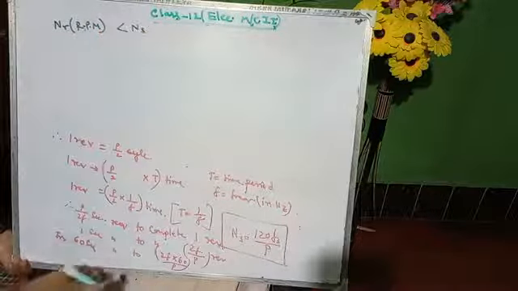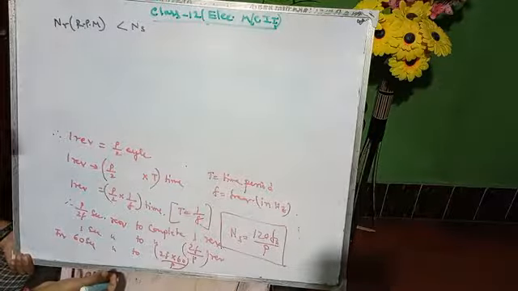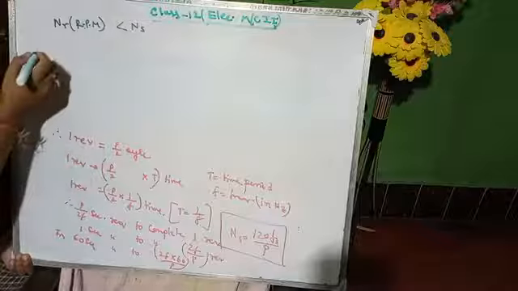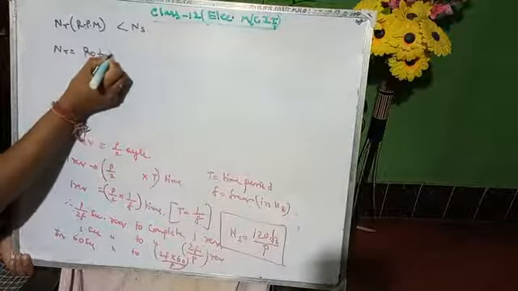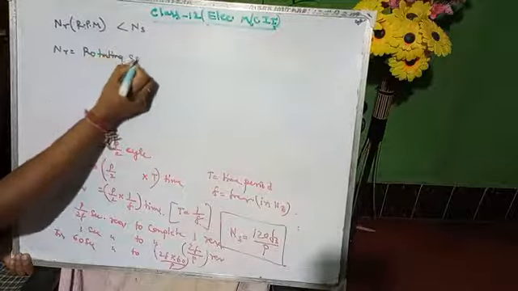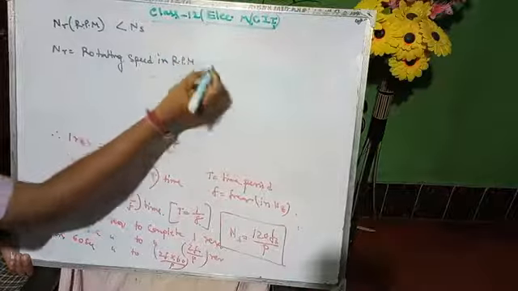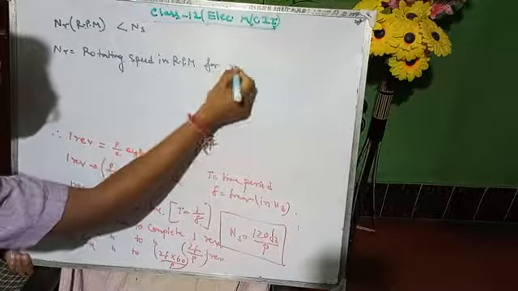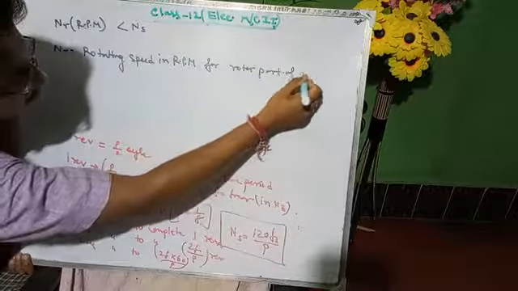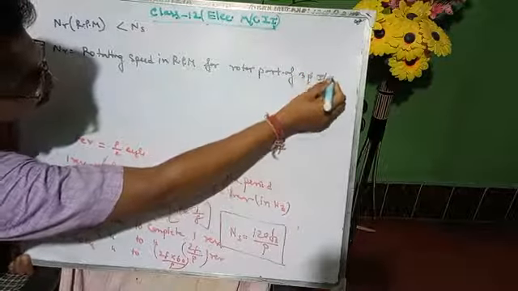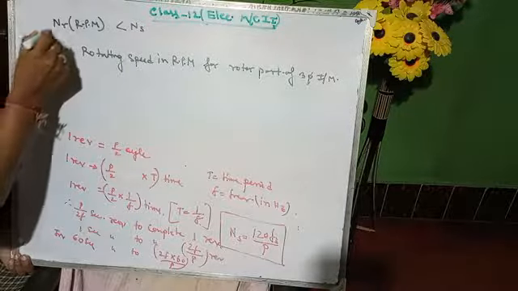That is, in case of a 3-phase induction motor, Nr in RPM is always less than Ns. What is Nr? Nr equals the rotating speed in RPM of the rotor part of the 3-phase induction motor. So always Nr is less than Ns.